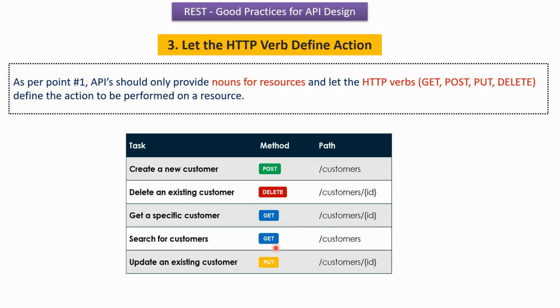To search all the customers, we use the HTTP method GET and the path /customers. To update an existing customer, we use the HTTP method PUT and the path /customers and the ID of the customer which we want to update.